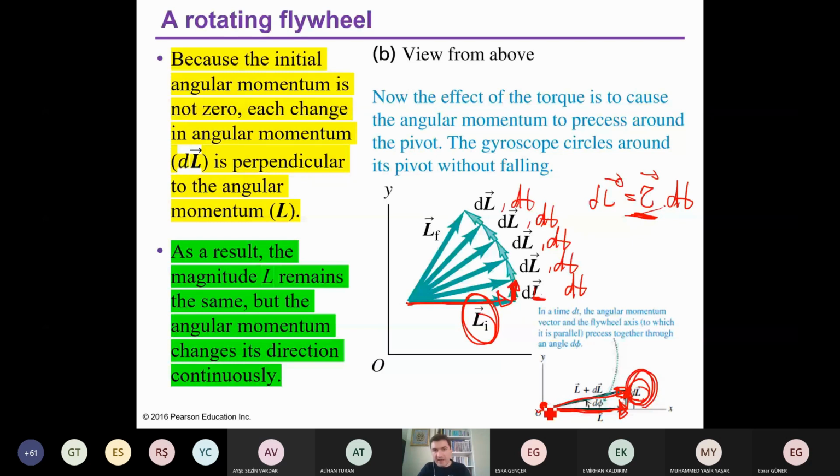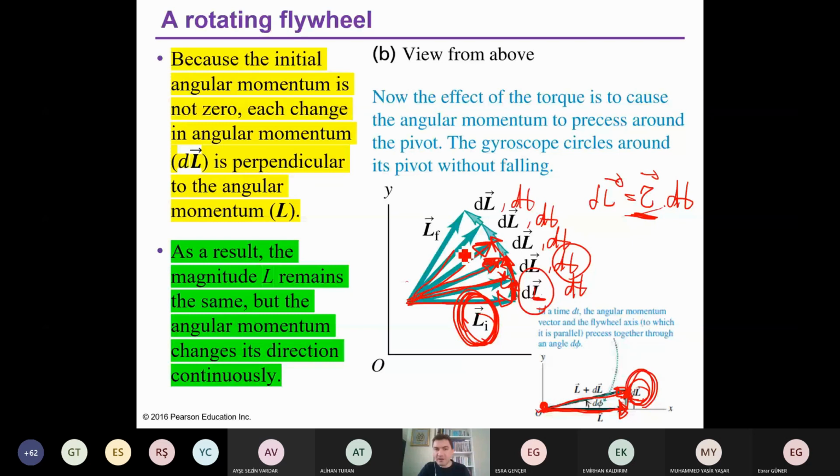This dL changes the direction of Li. The magnitude of Li is constant, but its direction changes with this dL. So with an additional dL after dt time, the direction of Li again changes.